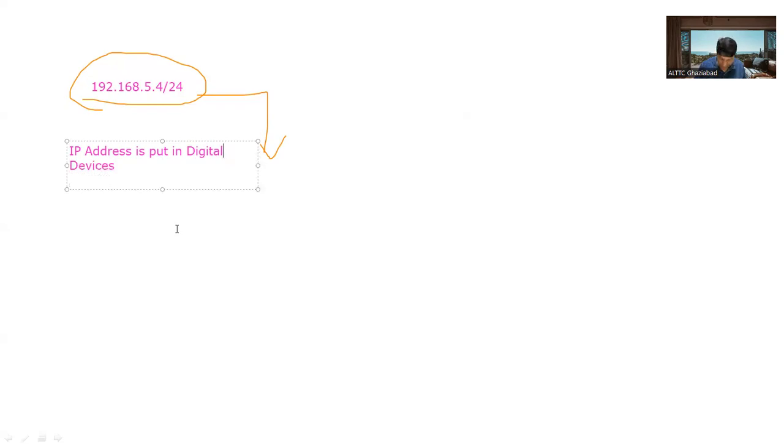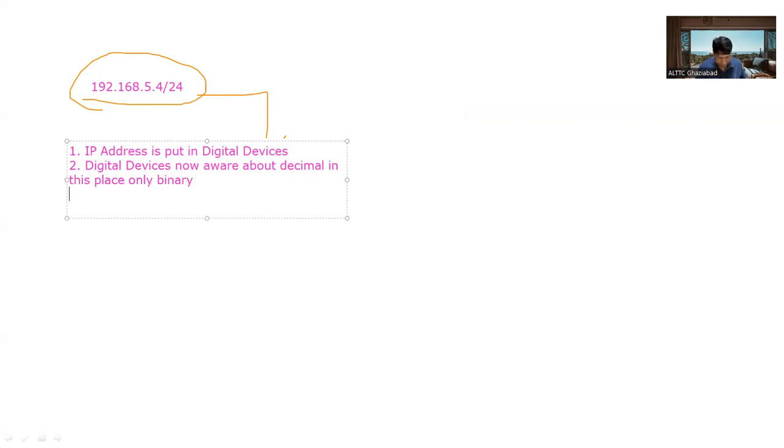Second, digital devices are not aware of decimal, only binary.